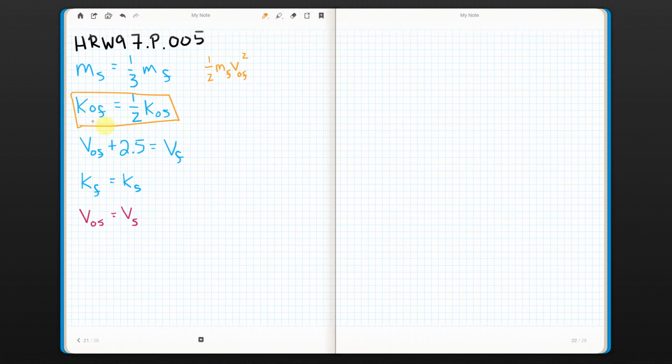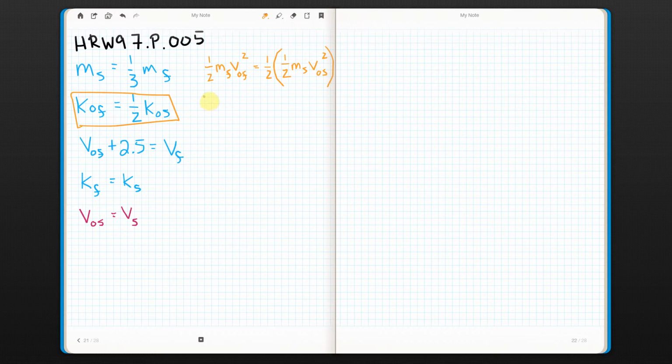That's this bit right here. It equals 1/2, and then the kinetic energy of the son, which is 1/2 the mass of the son times the initial velocity of the son squared.